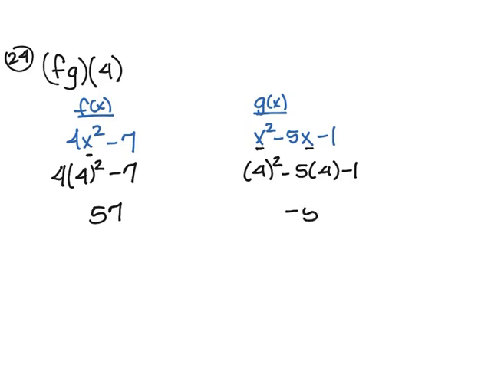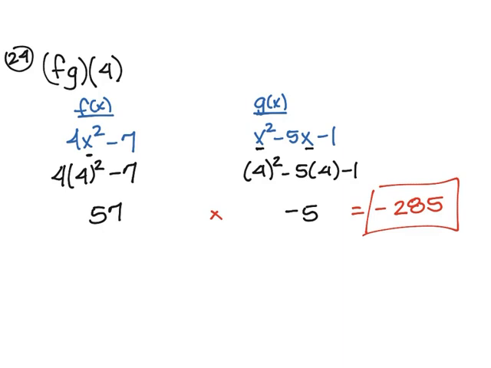And we get -5. And so fg represents multiplication, okay? So you're going to say 57 times -5, and that would give us -285. And that's your answer. Okay?